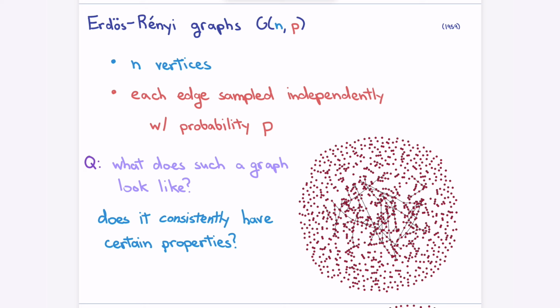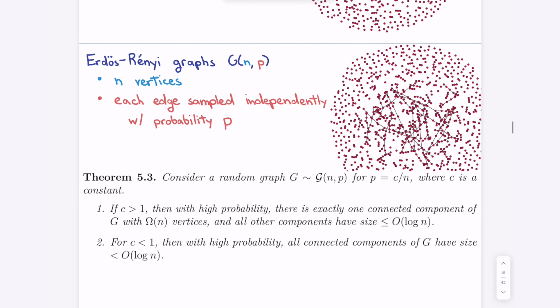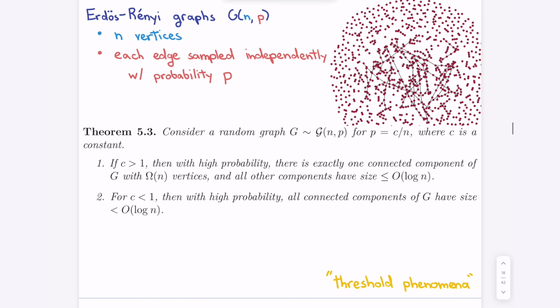Okay, so here's what we're going to show today. Suppose that p was some constant c divided by n. So that means the average degree is basically c, because there are n minus 1 other vertices.